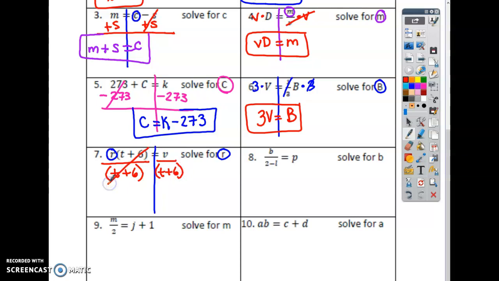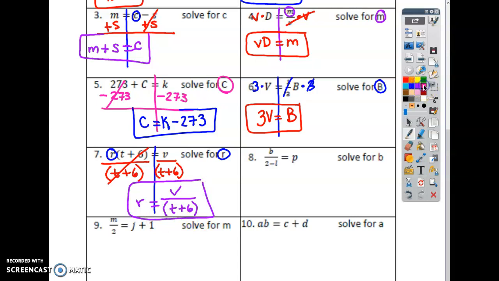So that it cancels. Okay, and you are done. Ya terminaste, that's it. So it's r, just bring it down. R equals v divide by t plus 6. Okay? You don't have to use decimals, just write it like that.